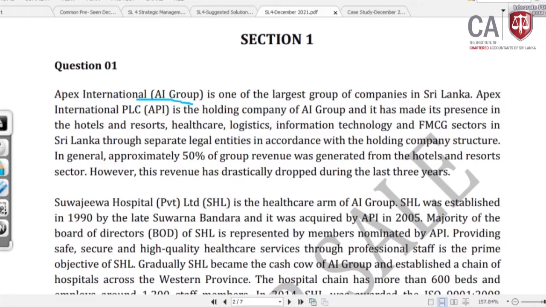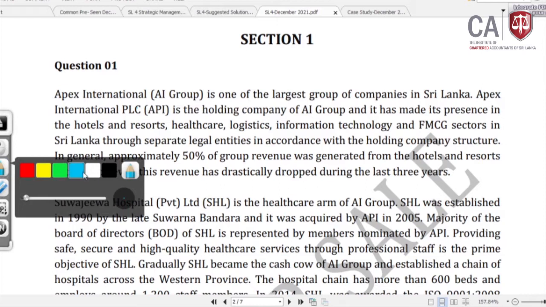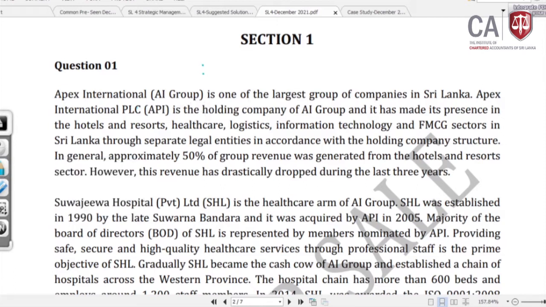Who are the stakeholders according to this scenario given? So, we will look at the stakeholders. If you look at this scenario, Apex International is at the top.